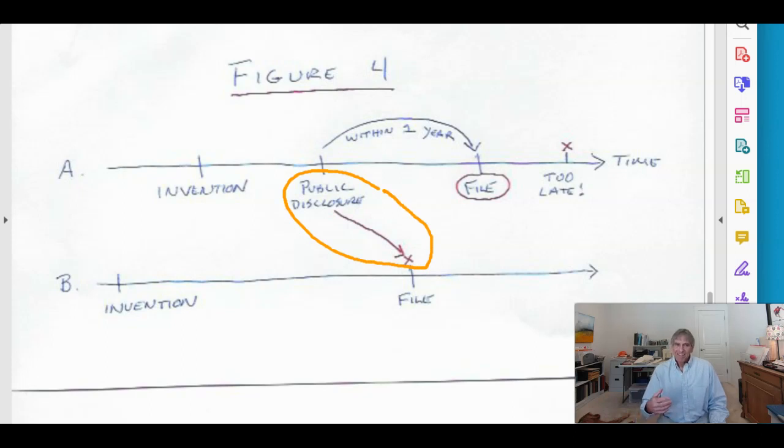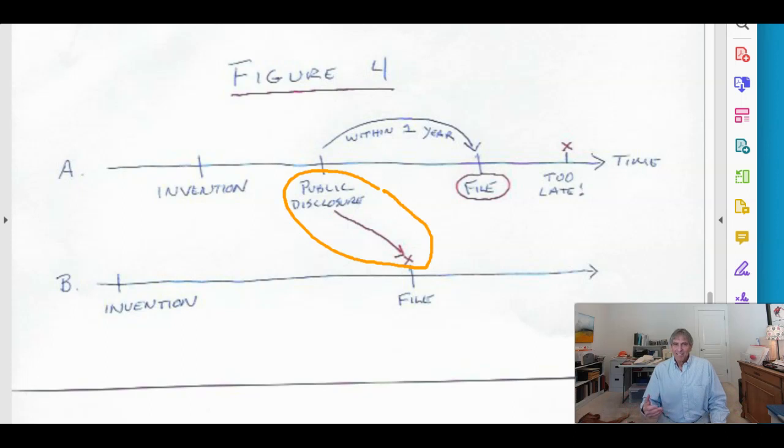But let's say you show your product at a trade show or test market some items to see whether there actually might be a market for the invention. And you do this before even thinking about patents. Will your own public disclosure bar you from getting a patent since it took place before you filed?